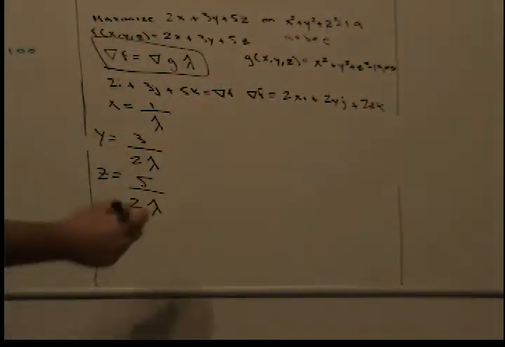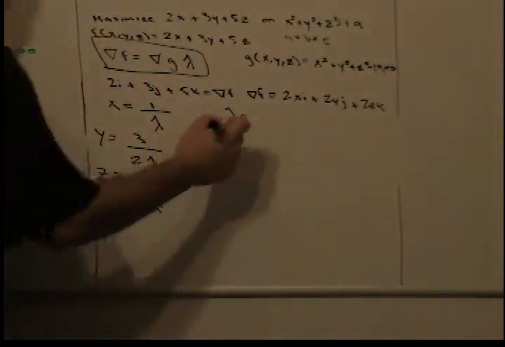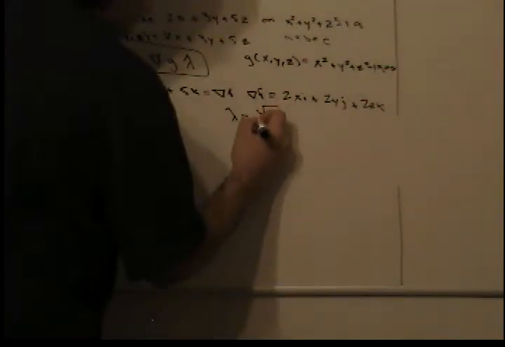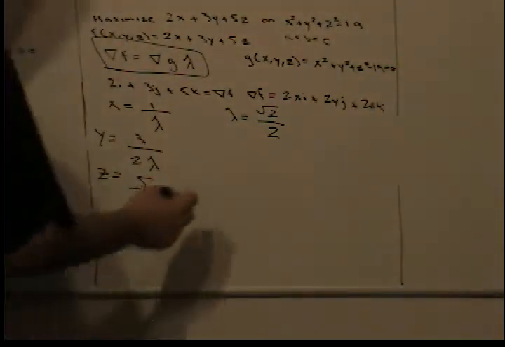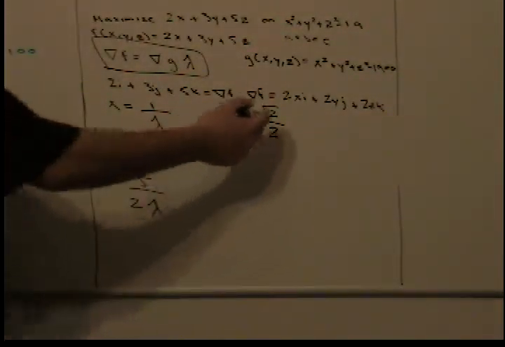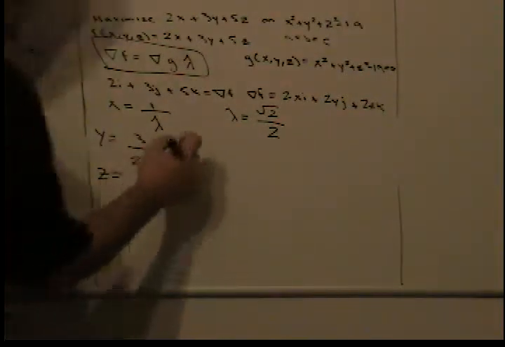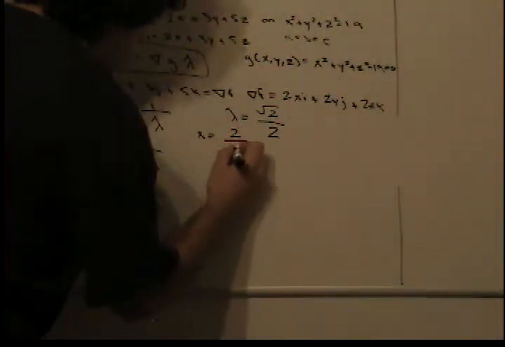So now since we know that lambda is equivalent to the square root of 2 over 2, to solve for x, y, and z, all we have to do now is plug in lambda for each one of these values. So when we plug in square root of 2 over 2 for x, we find out that x equals 2 over the square root of 2.